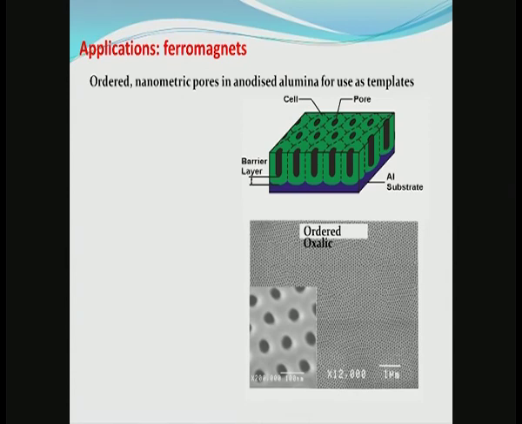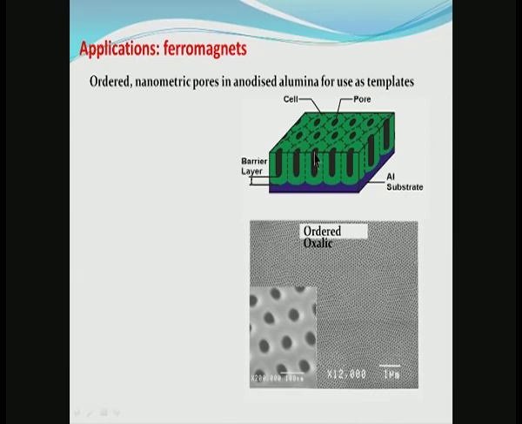Now, we come to atomic layer deposition using structures that are produced by using anodized alumina to obtain porous aluminum oxide. It turns out that by suitable anodization of an aluminum plate, it is possible to grow layers of amorphous aluminum oxide with this kind of an ordered porous structure.